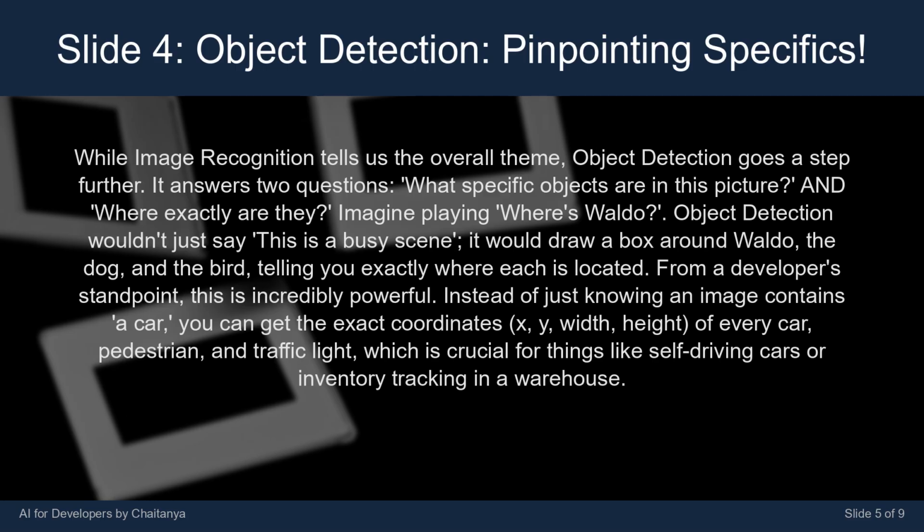From a developer's standpoint, this is incredibly powerful. Instead of just knowing an image contains a car, you can get the exact coordinates, x, y, width, height, of every car, pedestrian, and traffic light, which is crucial for things like self-driving cars or inventory tracking in a warehouse.